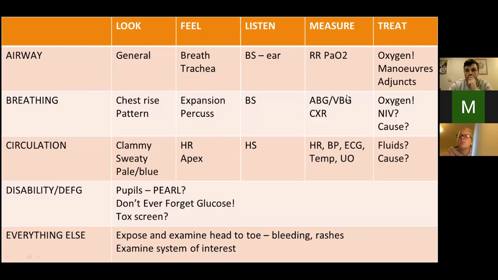If there's trauma, you've got to think about doing your CABC, which we'll get to in another session. Your C is looking for critical bleeding and thinking about your C-spine before doing the rest of the ABC. You've said it, so stabilizing the C-spine first and then doing your ABC.